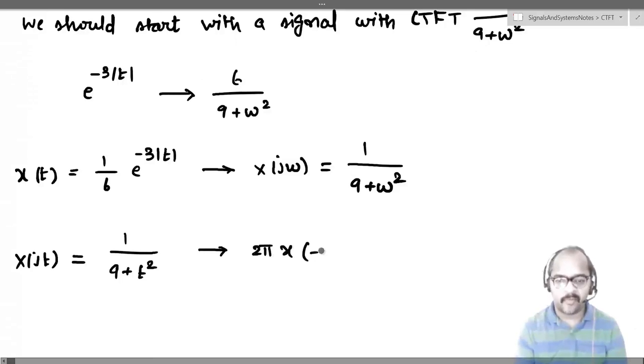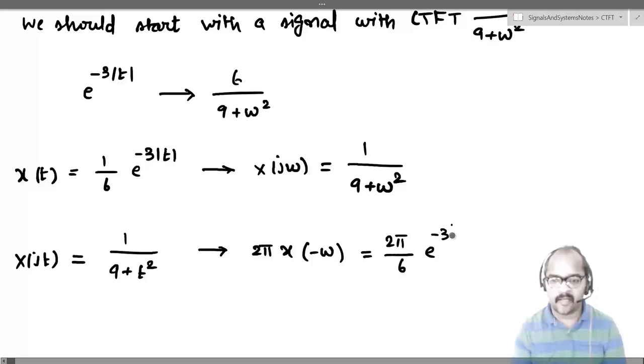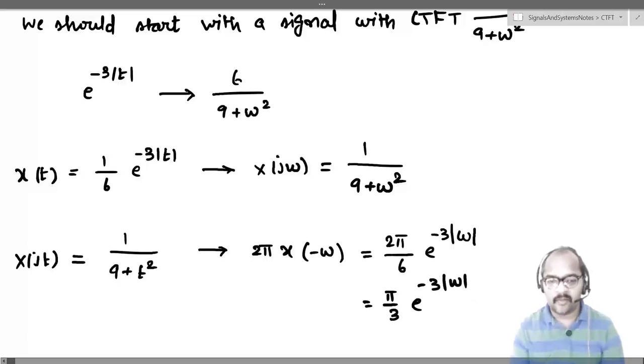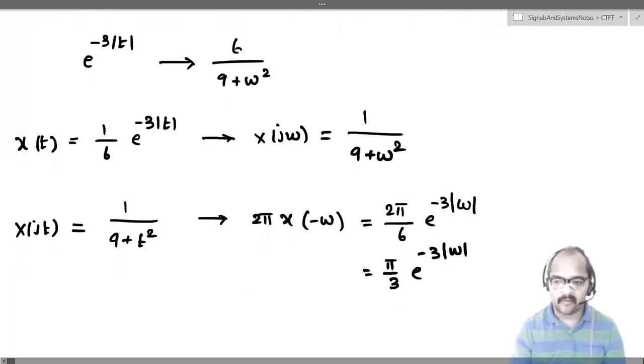Again, using duality property, you have 2 pi times x of minus omega, which is equal to 2 pi divided by 6, and if you replace t with minus omega, you get again e power minus 3 modulus of minus omega, which is modulus of omega. So this simplifies to pi by 3 times e power minus 3 mod omega. This would be the Fourier transform of which signal? 1 by 9 plus t square. Okay.